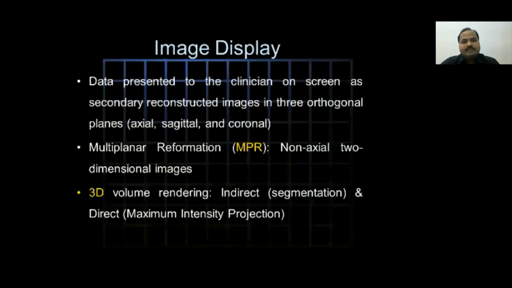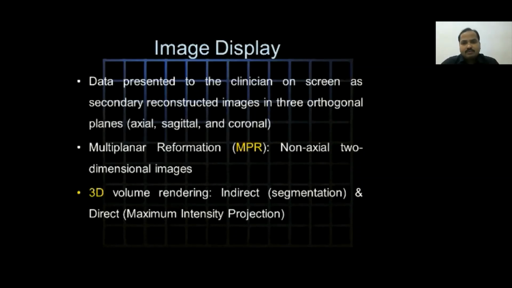Along with this, display will be on the computer screens, and the data present on the screens will be in the orthogonal planes like the axial, sagittal and coronal, as we discussed previously. Multi-planar reformation will take place by the software, where non-axial two-dimensional images can be taken up and shown on the screen.